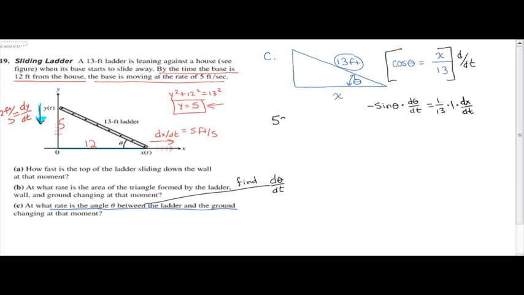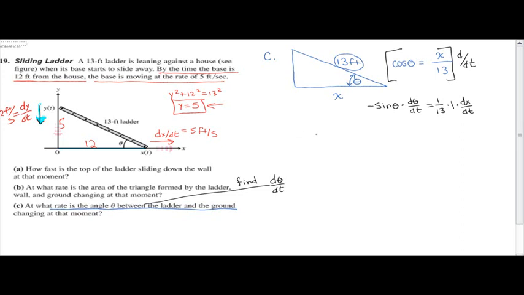Remembering that if we were taking the derivative of 5x, we'd get 5. If we're doing it with respect to t, we'd get 5 dx dt, and that 5 and 1/13 are just constants.